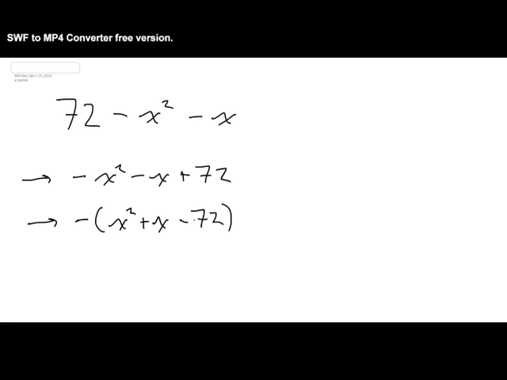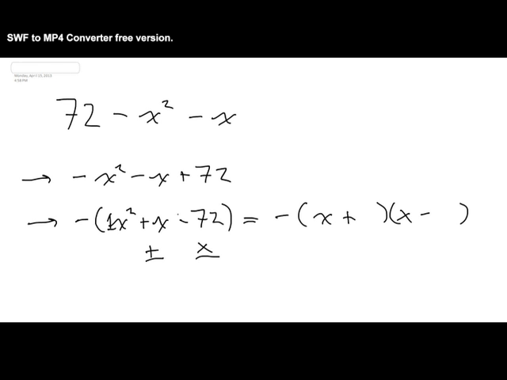So our trick for factoring trinomials only works if we have this positive 1 as a coefficient. So now I have two numbers that I need to find. They have to add to make positive 1 and multiply to make negative 72. So again, let's do our analysis. If I'm looking for numbers that multiply to make a negative, one has to be positive and one has to be negative.